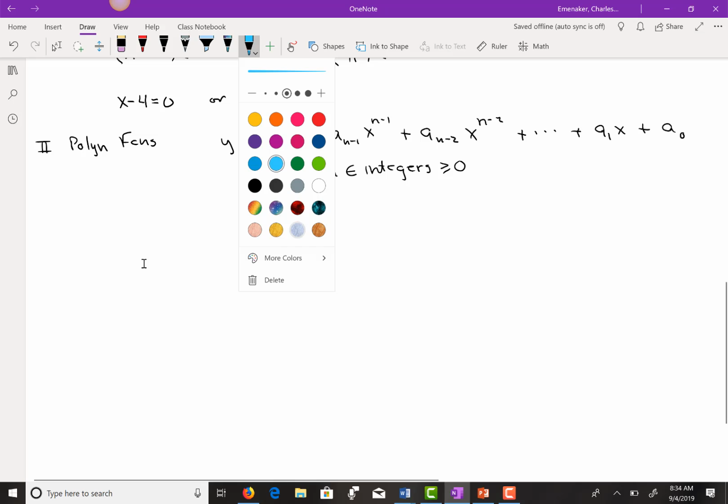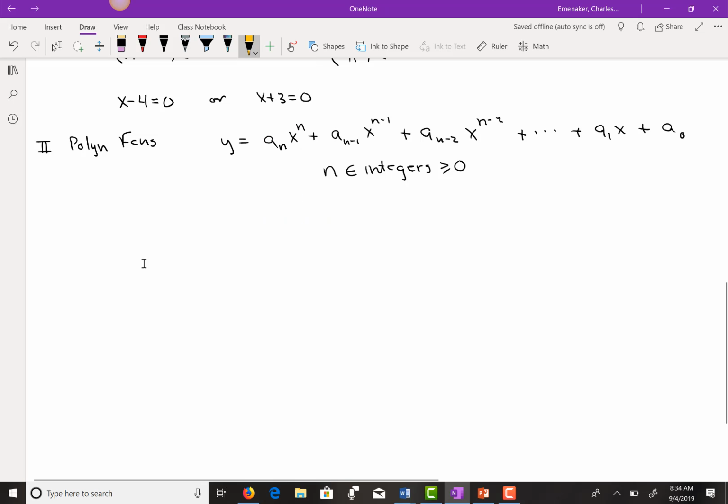is that this matches this. So what we could do is we could write something like a sub 5 x to the 5th plus a sub 4 x to the 4th, a sub 3 x cubed plus, now a sub 1 x, if the subscript and the exponent are supposed to match, what exponent should be on the x?